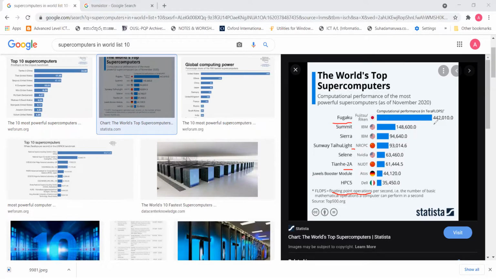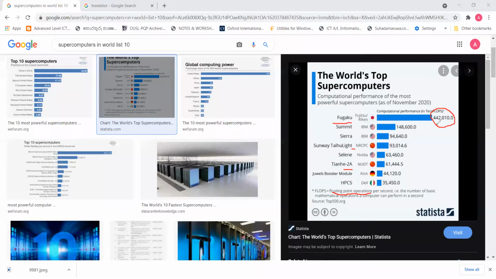Now when you see this, it is more than 4 lakhs, 442,010. So you can imagine how many calculations it does in one second.